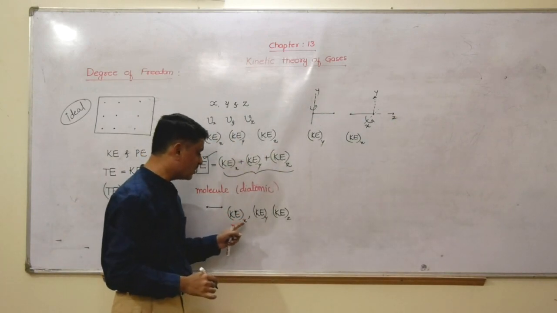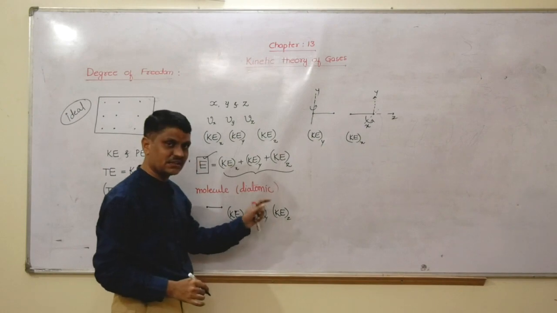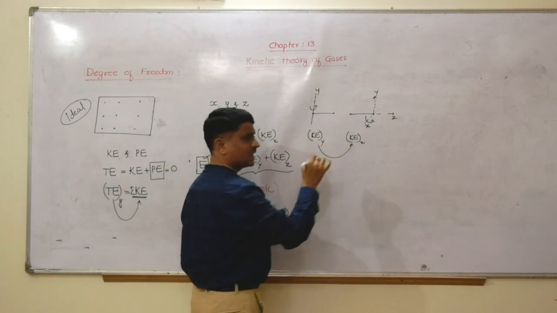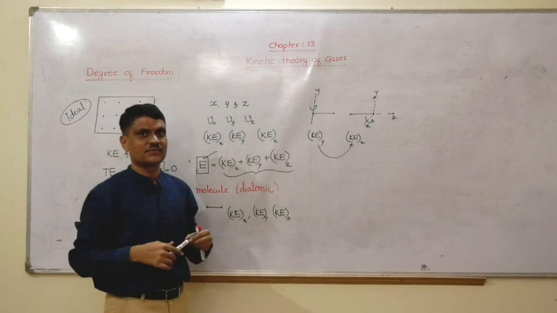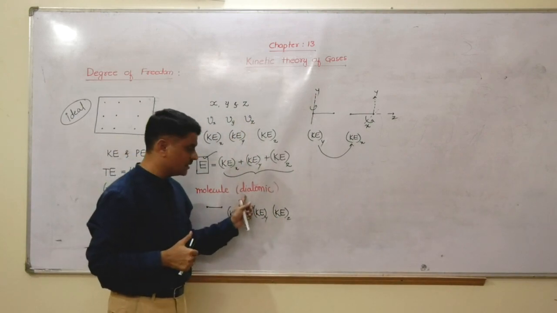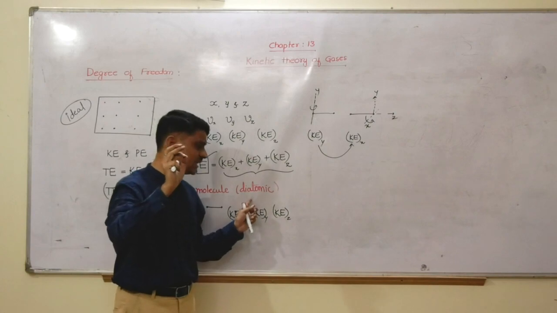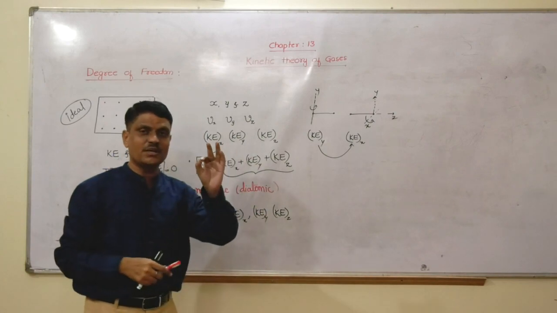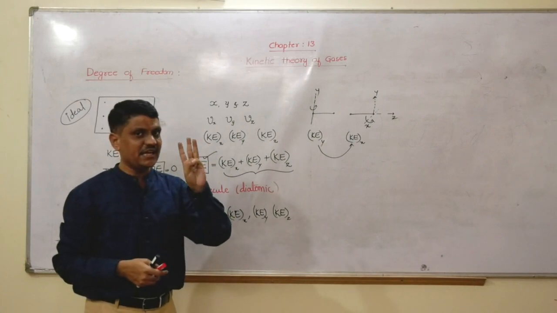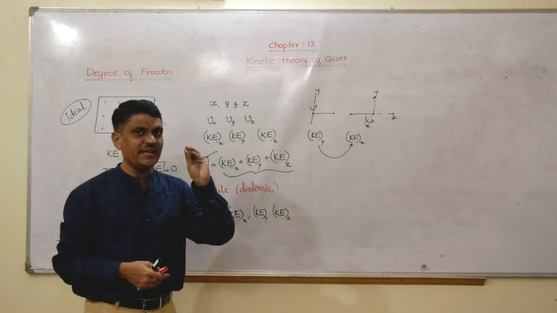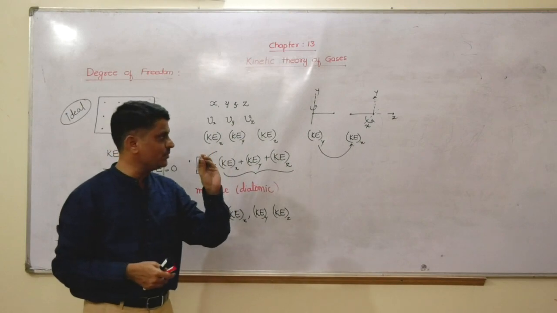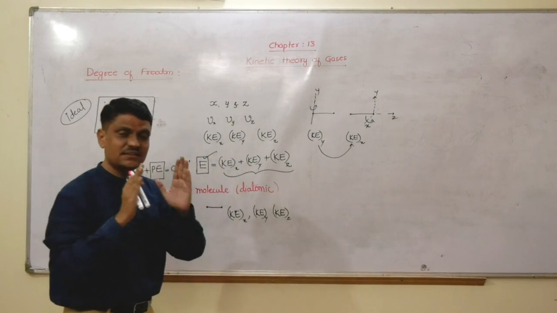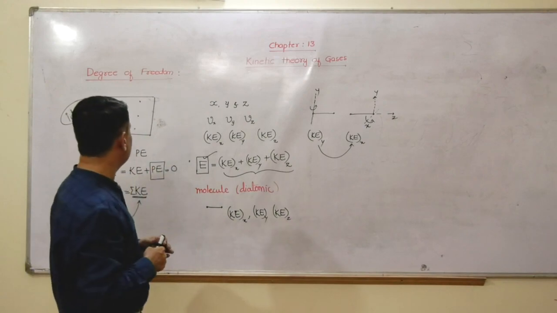It means along with these three translational kinetic energies, it has two rotational kinetic energies. Means the energy of a diatomic molecule can be expressed in five independent terms.